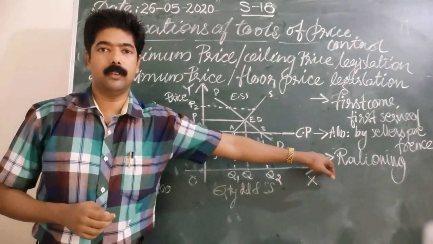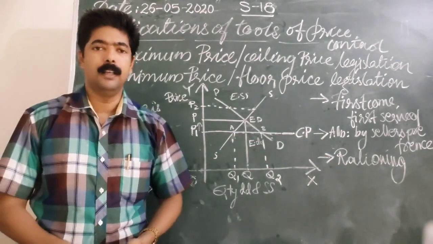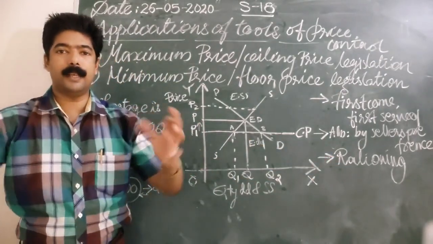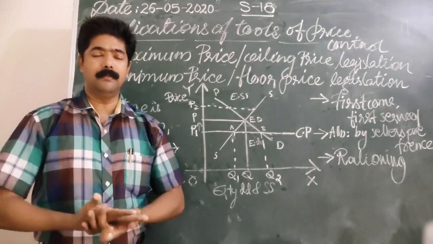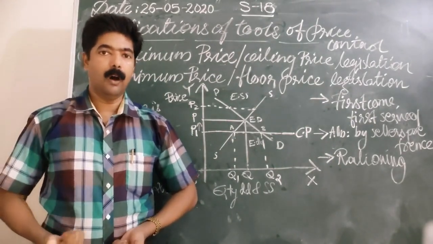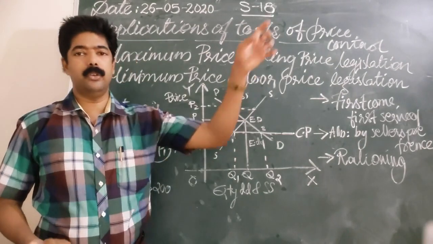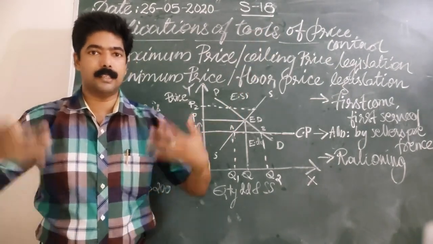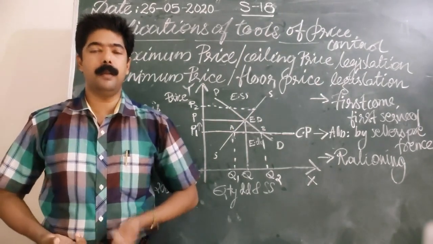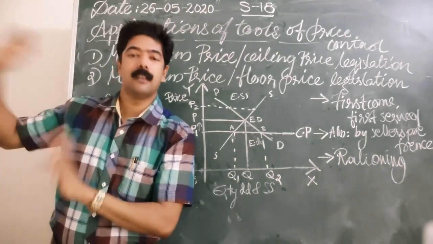Now, certain people, the rich people, may not approach the ration shops because it's a matter of shame. Standing in a queue with a sack in your hand, such a long queue, somebody may feel it is a status or dignity problem. In such a way some people may not approach the ration shop.